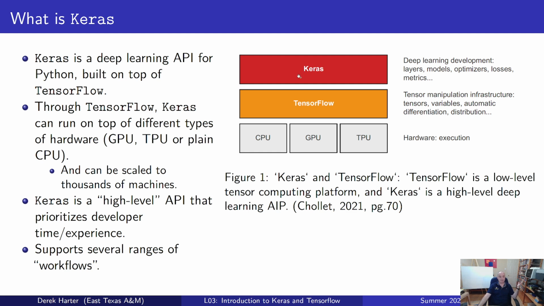Since Keras is built on top of TensorFlow, it can also easily run on GPU, TPU, or CPU computation engines, and for the same reasons, it's relatively easy to scale when you're using the Keras high-level API. I already mentioned this: it supports several ranges of workflows.